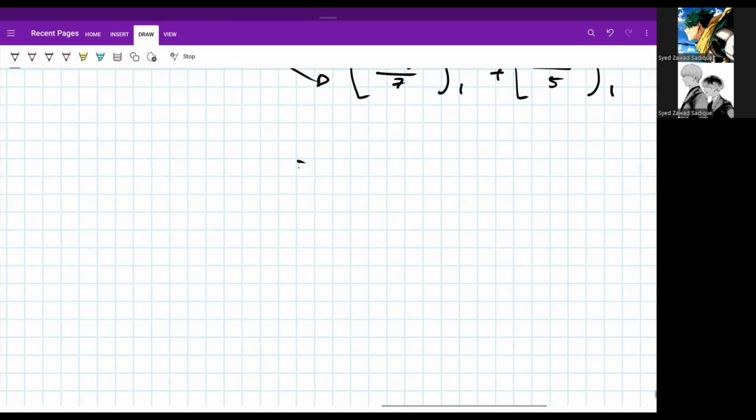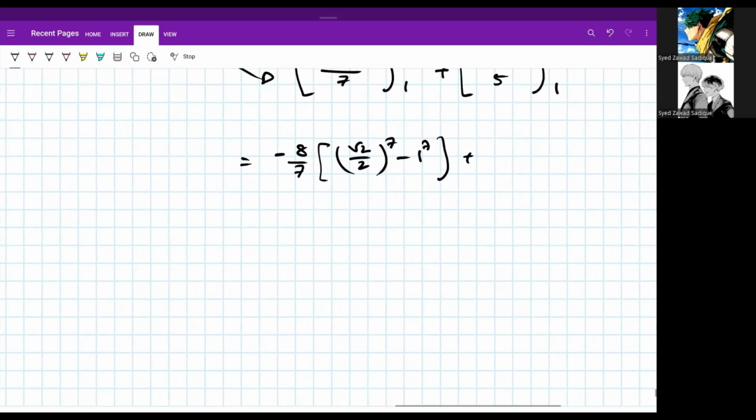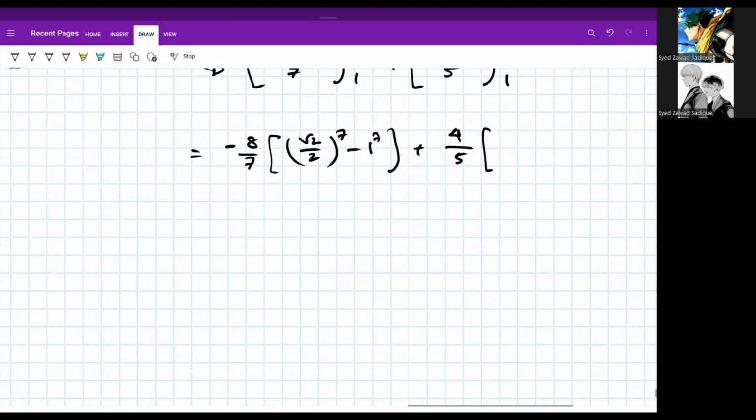Now minus 8 by 7, this should be root 2 by 2 to the power 7 minus 1 to the power 7, plus, again taking this constant common, we can write root 2 by 2 to the power 5 minus 1 to the power 5.